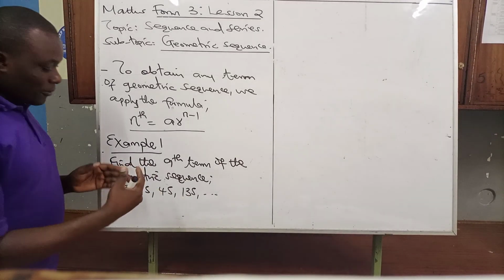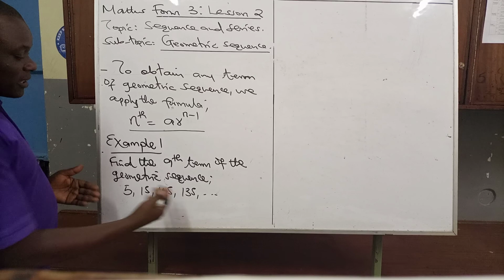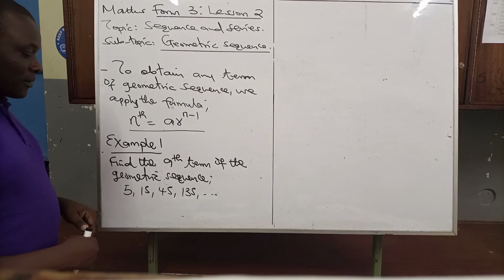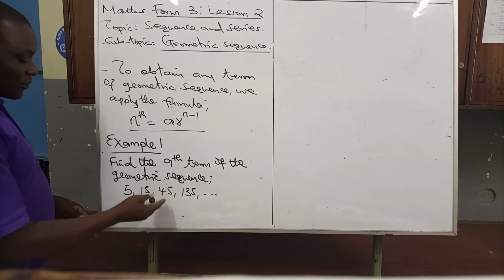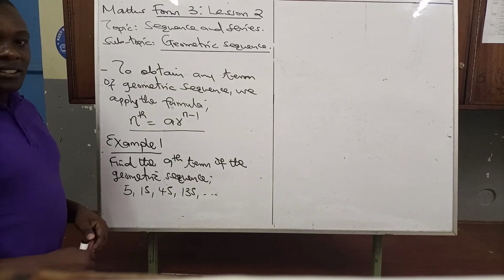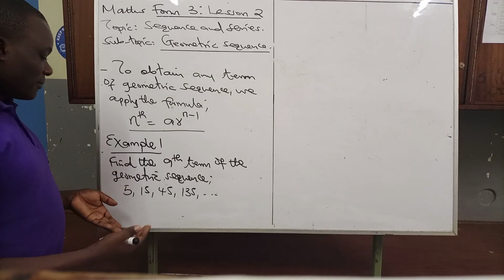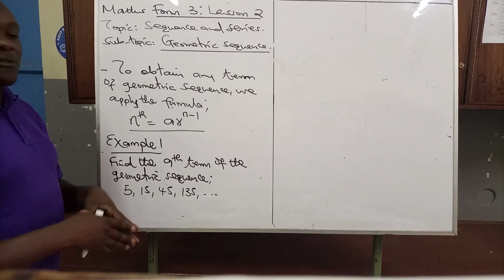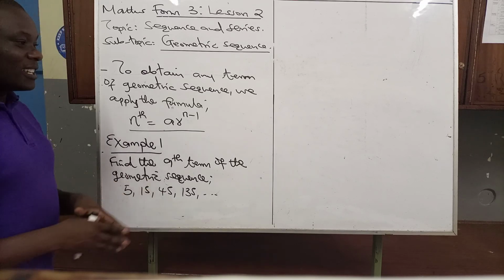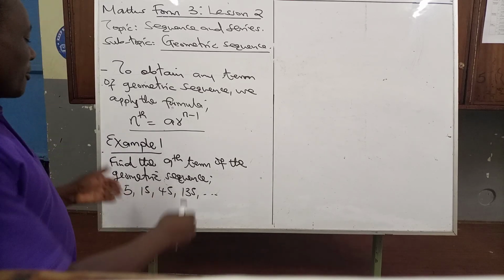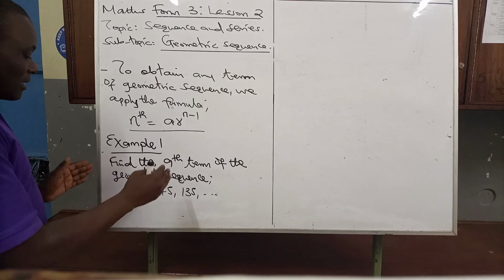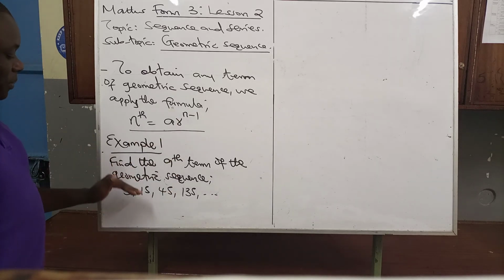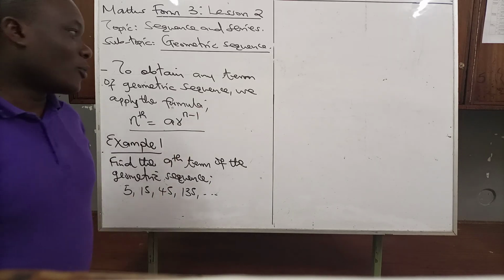But if you take 135 minus 45, you will get 90, and 45 minus 15 gives you something different. It is not consistent. So it does not have a common difference, but instead it has a common ratio. Therefore, it is termed a geometric sequence.